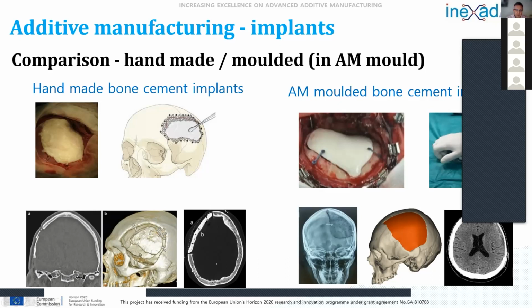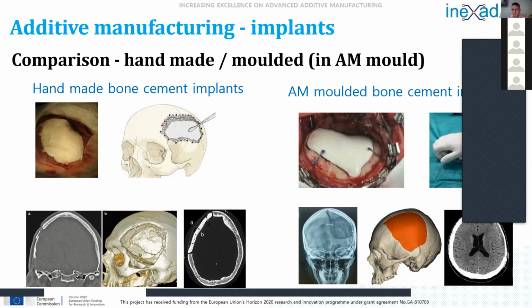On the other hand, in our approach, according to the scan images of the patient and the segmented data, we have the opportunity in a virtual environment, in specialized software, to design a geometric shape of the implant and then design a negative of this implant.